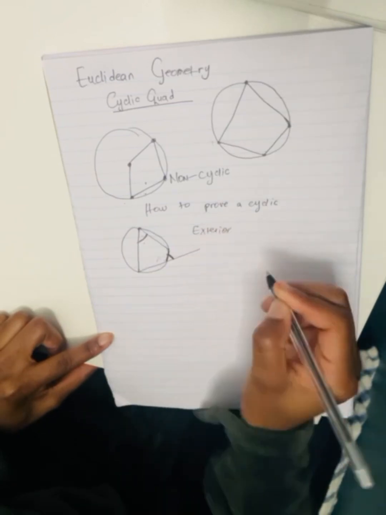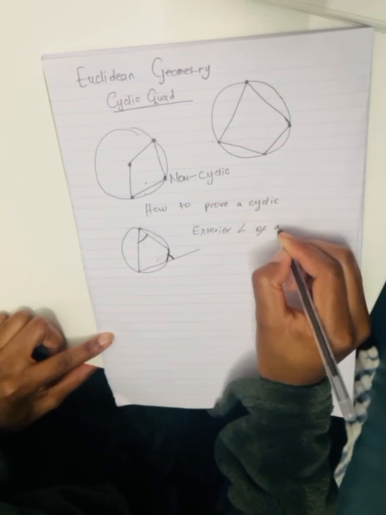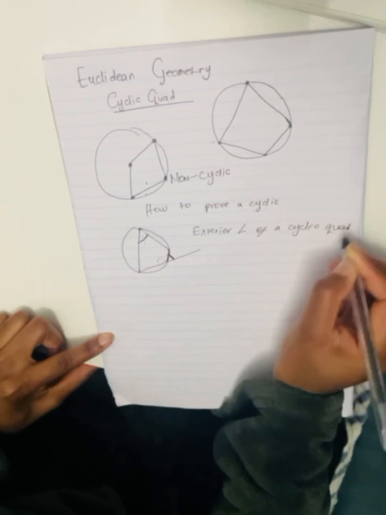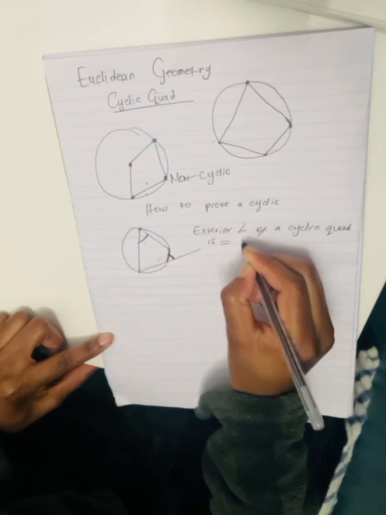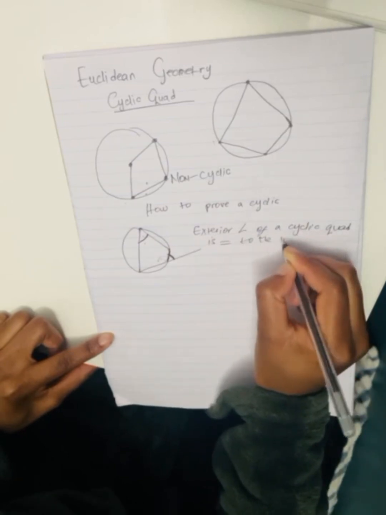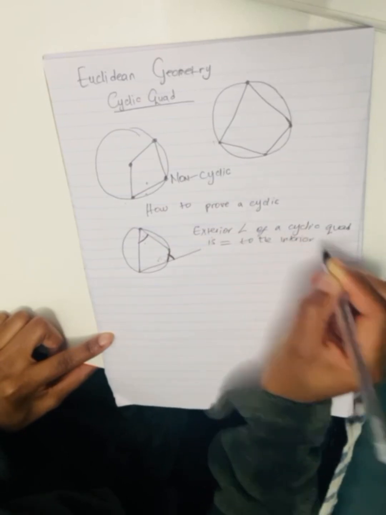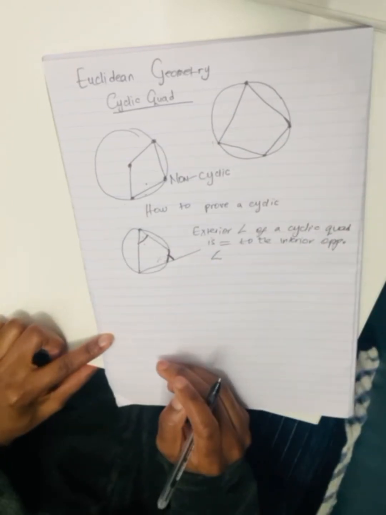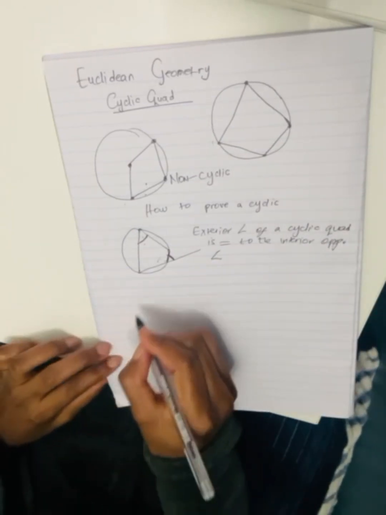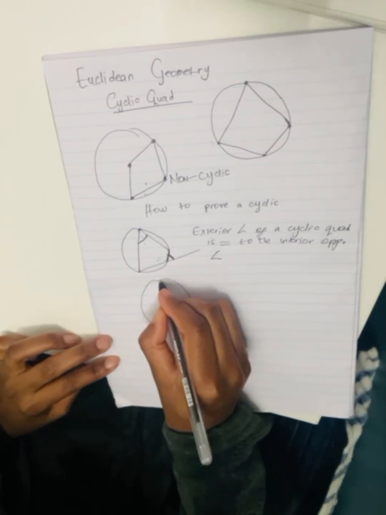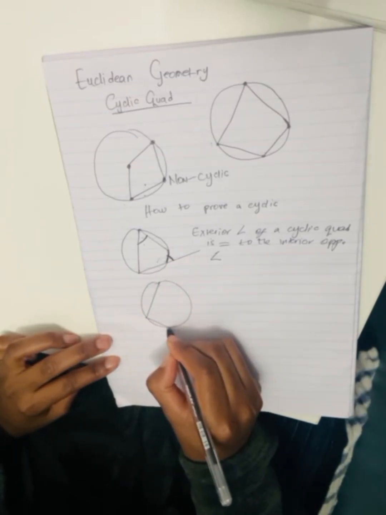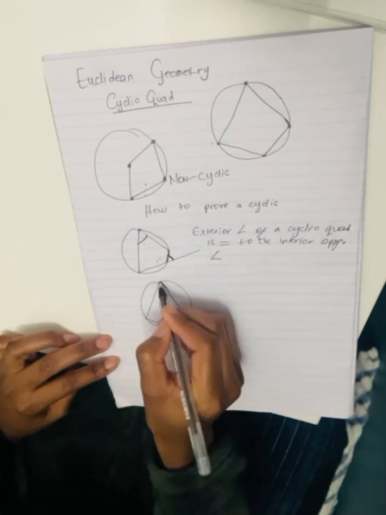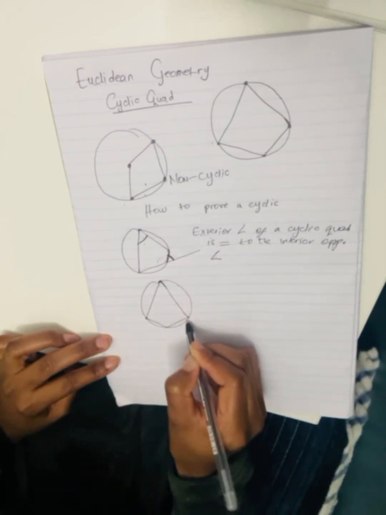Reason: exterior angle of a cyclic quad is equal to the interior opposite angle. The second scenario is that you might have your cyclic quad like this, and it touches 1, 2, 3, 4.